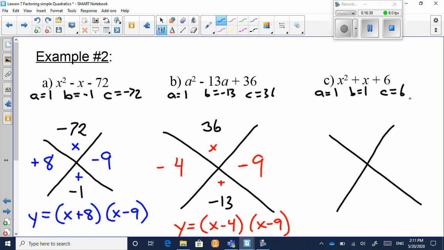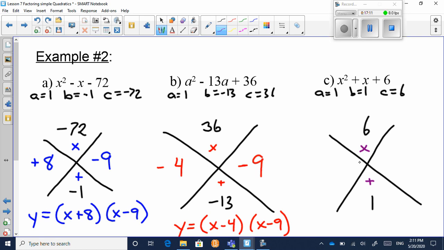So 1 times 6 goes up here. 1 times 6 is 6. B is 1. Okay, so I need two numbers that multiply to 6 and add to 1. Okay. How about if we do... well, again, let's start with a plan in mind.